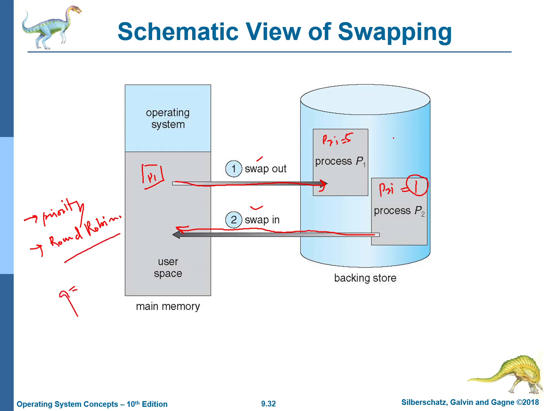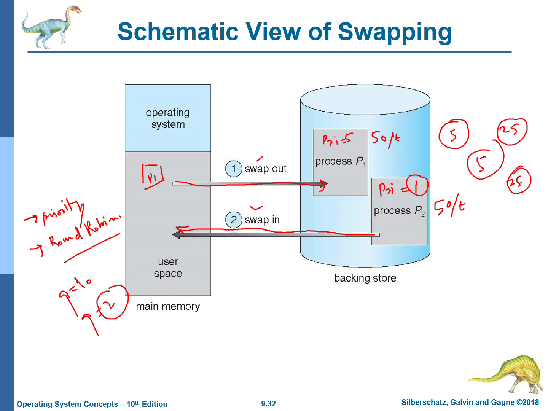For example, if this process is 50 units of time, and this process is also 50 units of time, and the quantum is 10, then we only need 5 steps, 5 step in and 5 step out. But if the quantum is 2, then we will need 25 step in, 25 step out.